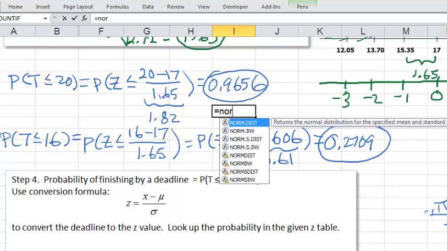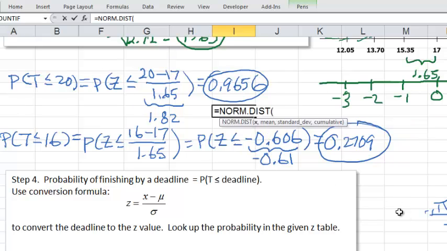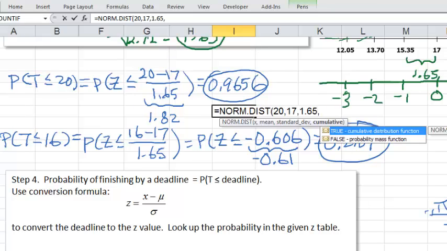It's NORM.DIST. You could see it listed right here. It says it returns a normal distribution for the specified mean and standard deviation. So let's choose that one. It tells you what to do: 20 is the x, mean is 17, the standard deviation is 1.65, and then the cumulative.